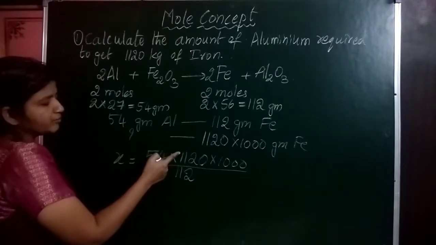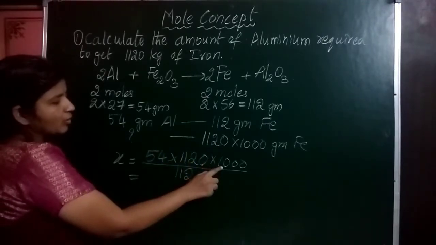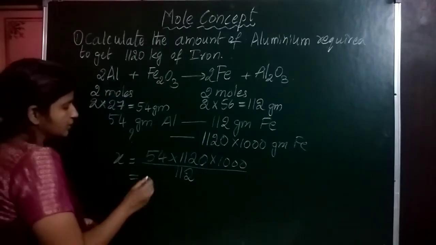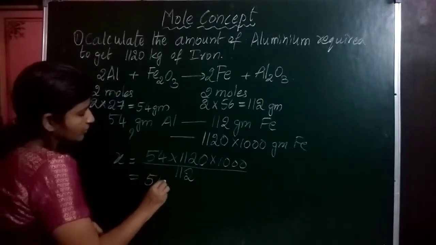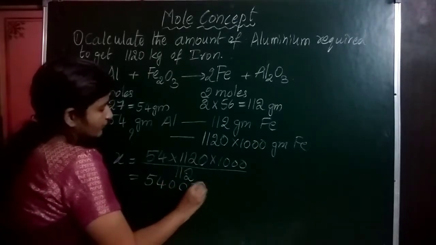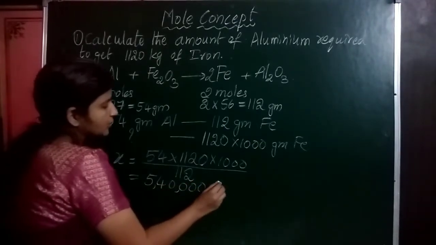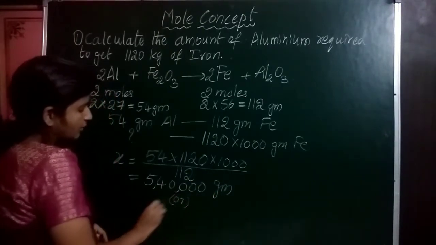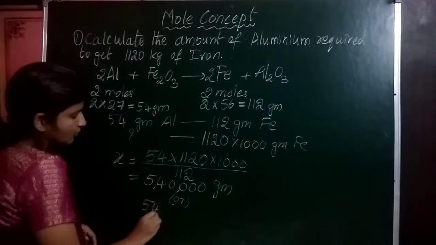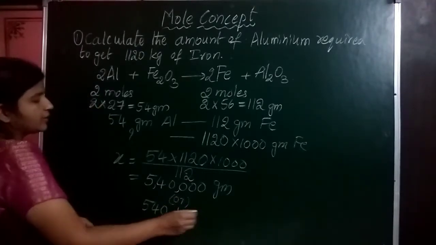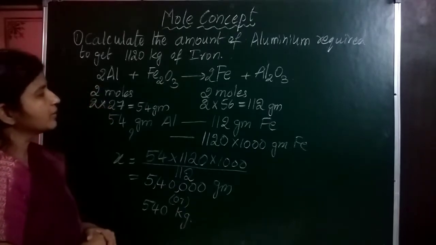Now 10 into 1000 is 10,000, into 54. So 5,40,000 grams, or 540 kilograms. This is the answer.